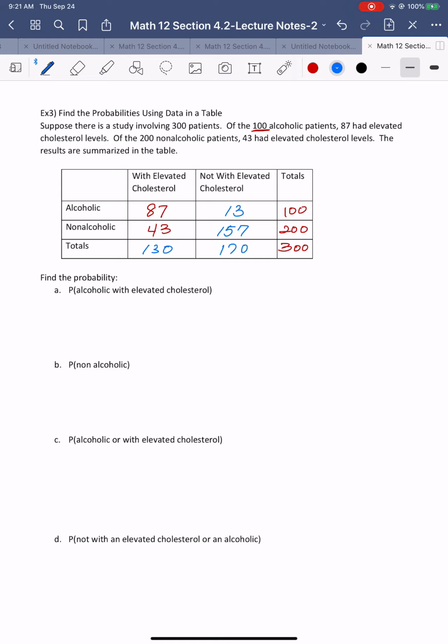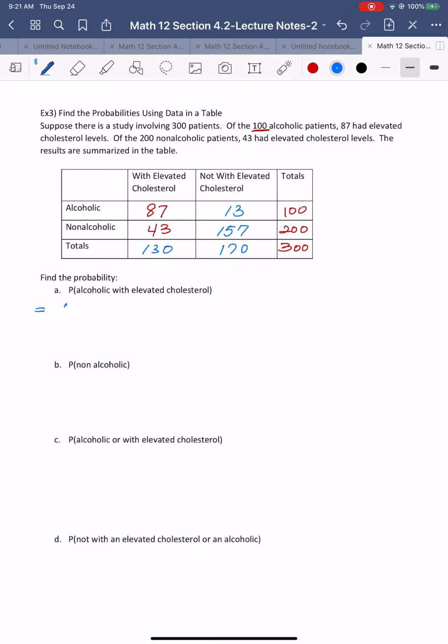All right, now we are looking to find the probability of the alcoholic with the elevated cholesterol. Okay, so the person who is alcoholic and has elevated cholesterol. So what I need is to find out the intersection, right?